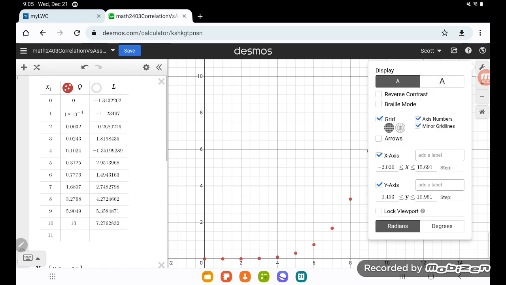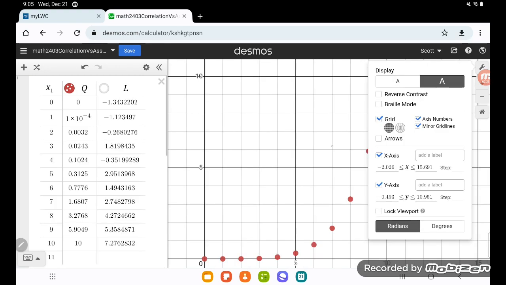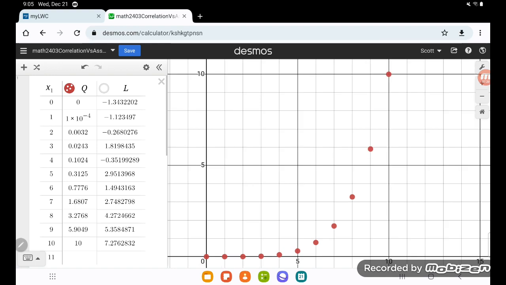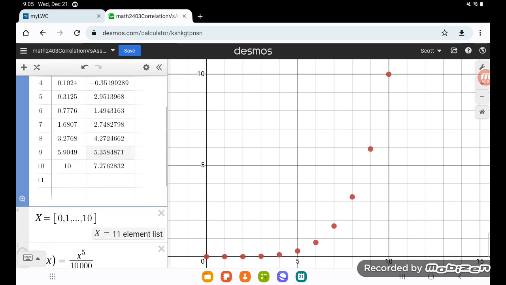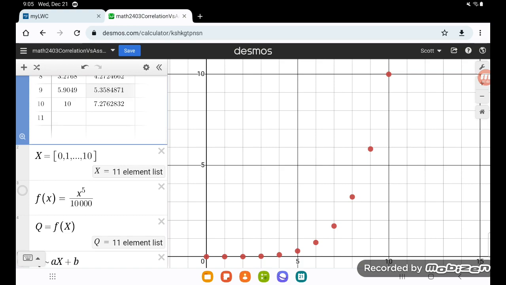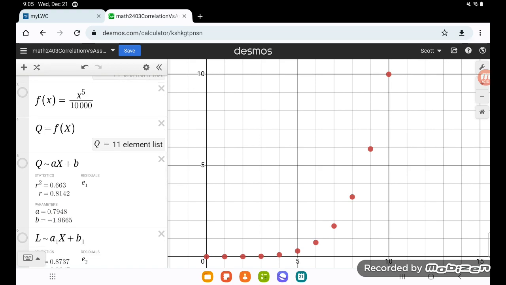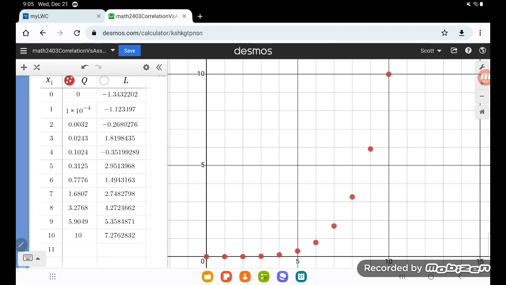Let's see if I can make this stronger looking. Yes, I can. Okay, so there are my data, and that is definitely not a straight line. However, and this is just some stuff I did to check some things out, in Desmos I can fit a straight line to these data very quickly.